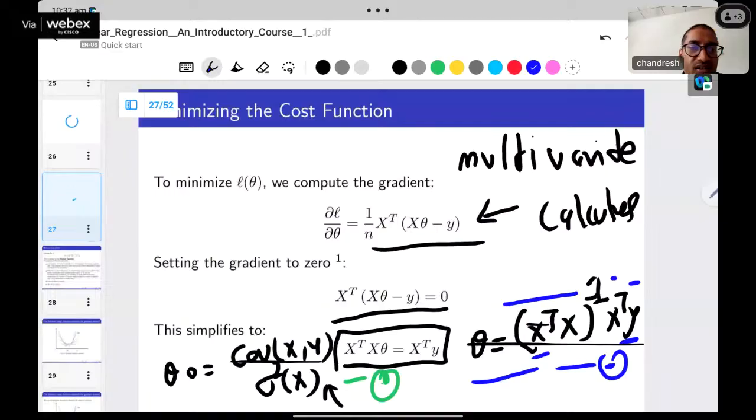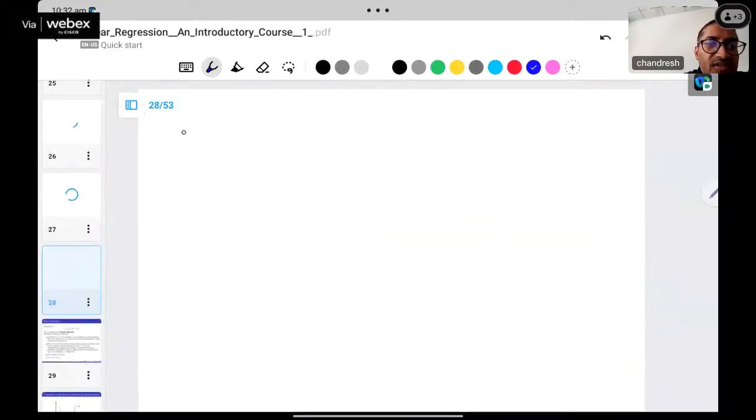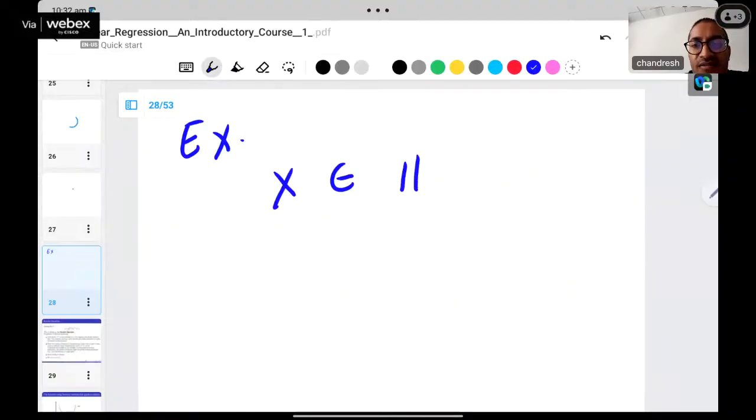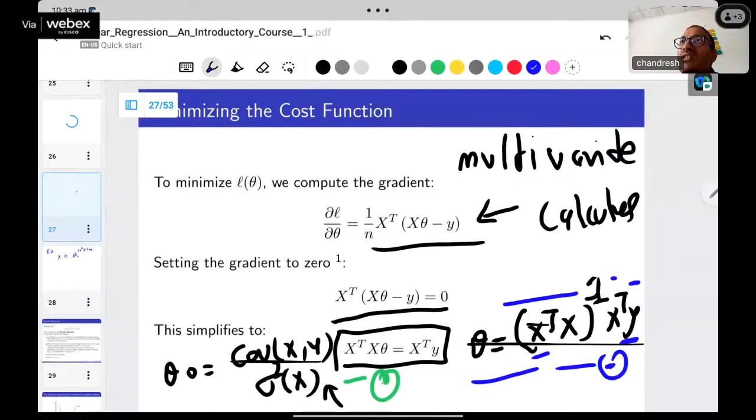The exercise for you would be, take a data matrix X of size, let's say, 1 million into 100, that is 1 million samples and 100 features. Take this data matrix and try to learn a linear regression model in Python, and note down the complexity.